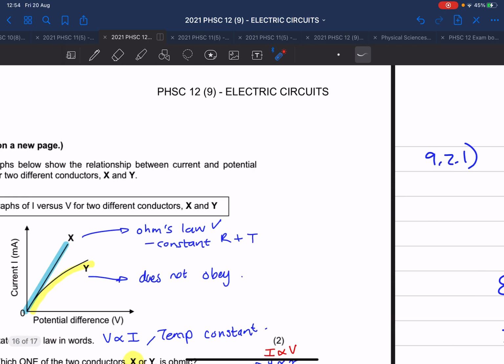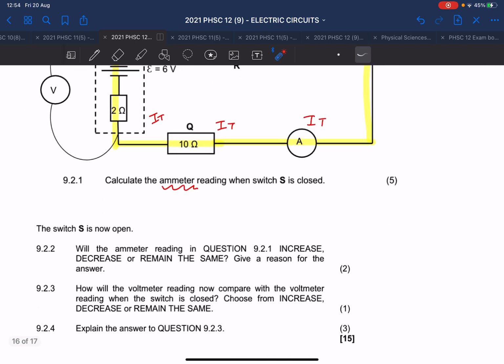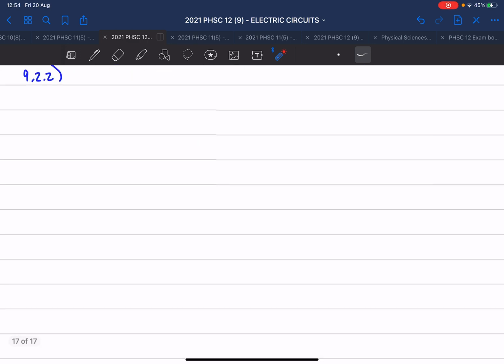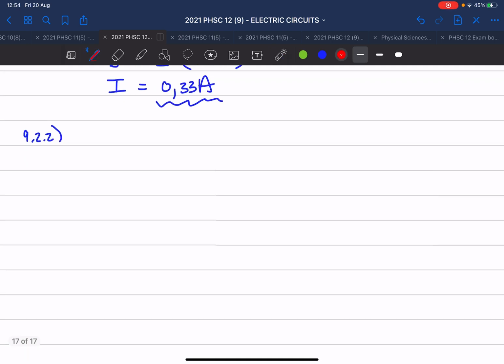And the question that they ask there is, how will the ammeter reading change? How will the total current change? And it only counts 2 marks. So our question to ourselves is, when we open the switch, what is the big thing that changed? The big thing that changed is the total resistance increased.